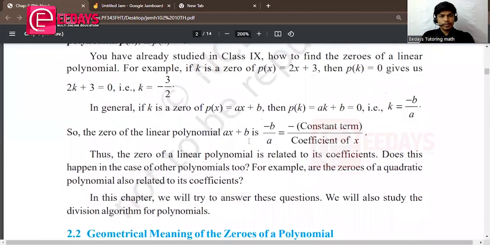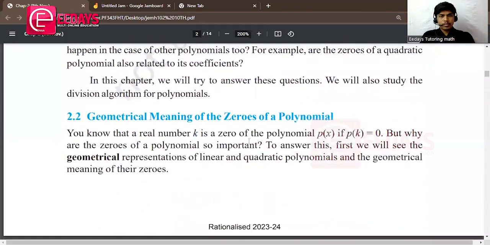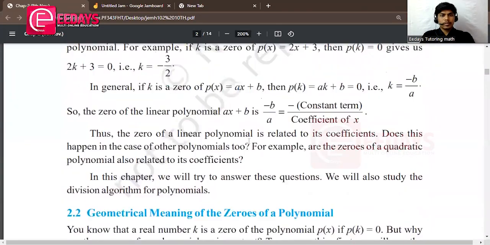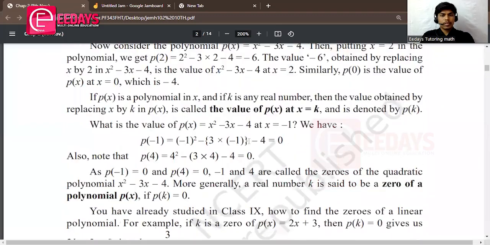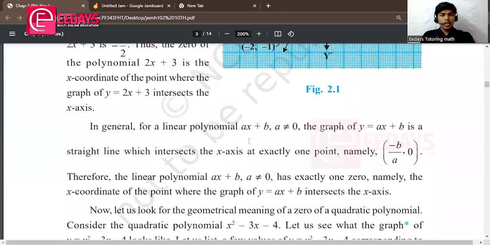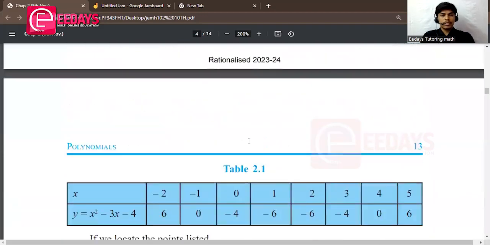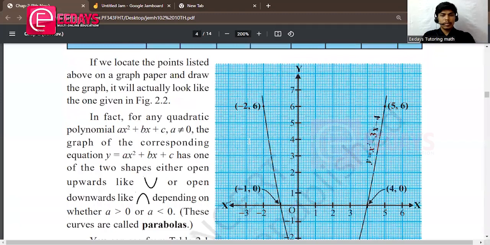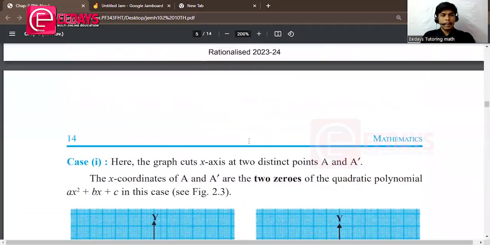Let's move on. Zeros of polynomial. I think you already learned this in lower classes, I mean ninth class, right?